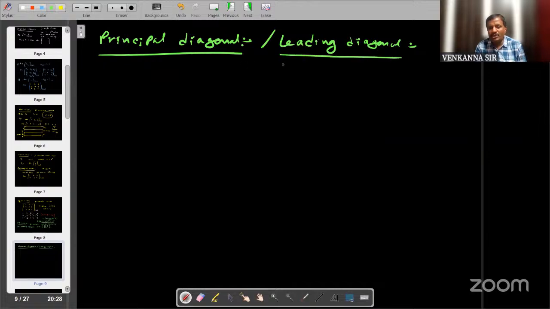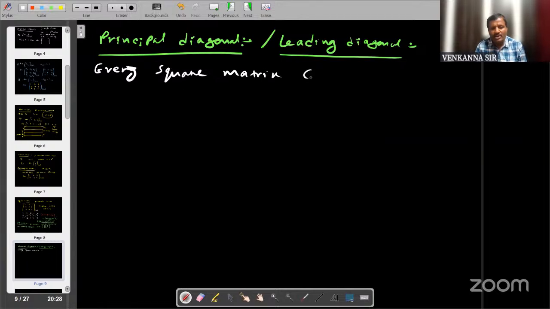Both are the same. What is the definition of the principal diagonal or leading diagonal? Every square matrix contains two diagonals.